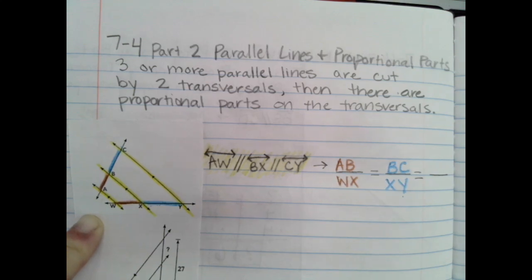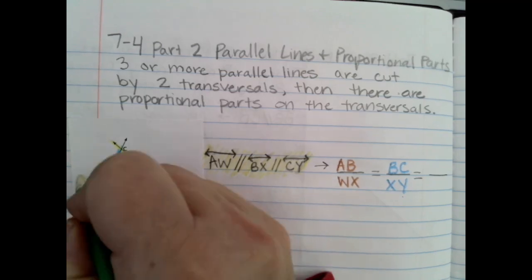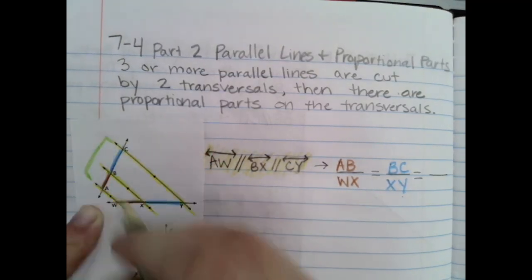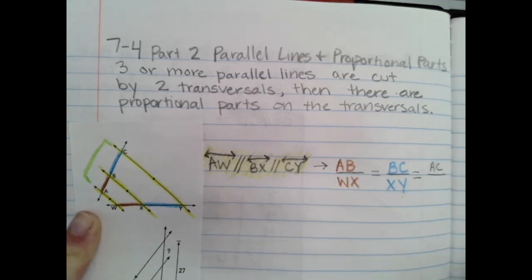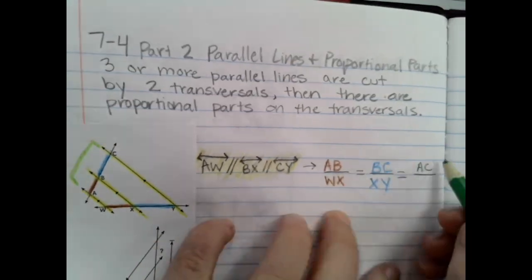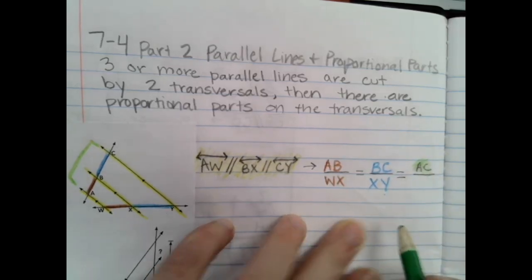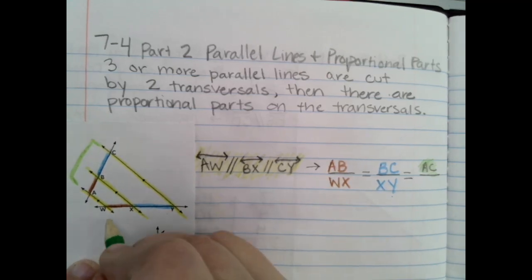And then our last part that we can write a proportion for is the total length. So from A all the way to C. Which might sharpen, it's not quite sharpened, so I'm going to just highlight in color. Would be the same as W all the way to Y.